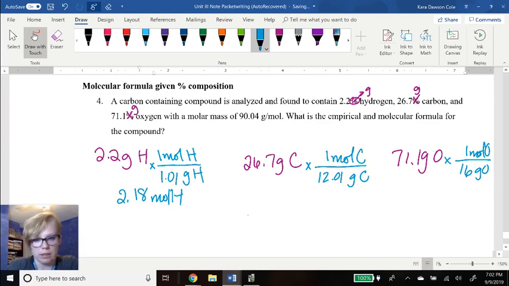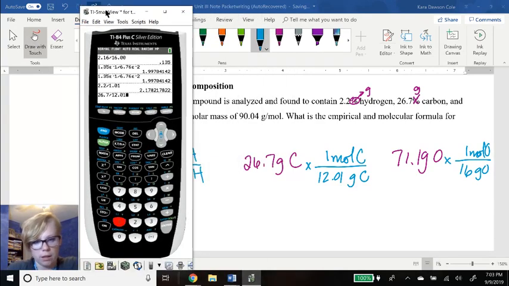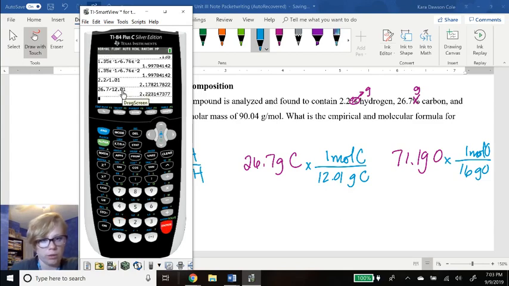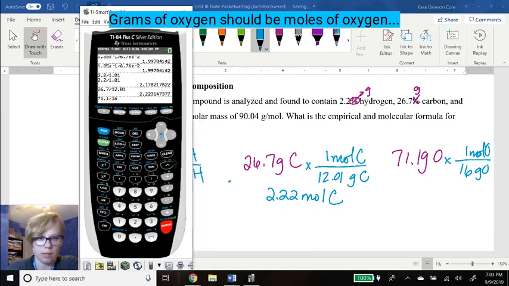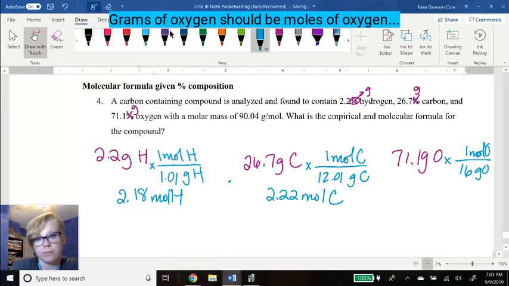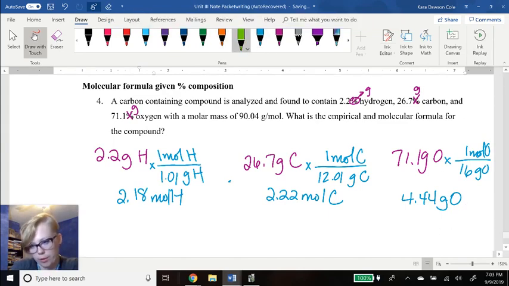And then I can go to my calculator and calculate out for carbon. 26.7 divided by 12.01 gives me 2.22 moles of carbon. And then oxygen, 71.1 divided by 16, gives me 4.44 moles of oxygen.